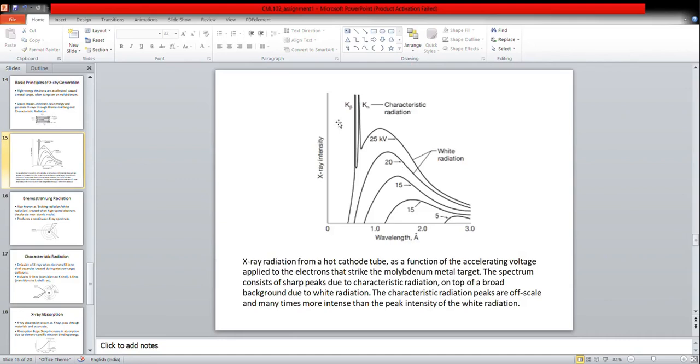As we can see in this diagram, the characteristic radiation is discrete at some points of wavelength. That is, we observe this radiation at some particular wavelengths. However, the Bremsstrahlung radiation, also known as white radiation, is rather continuous. It is observed as a spectrum of different wavelengths.